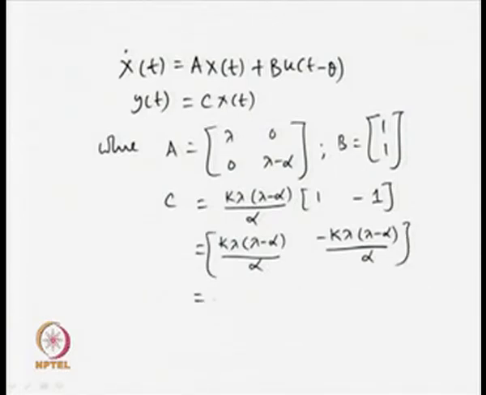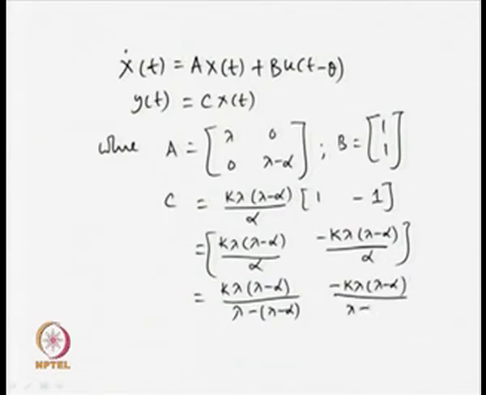Again, this can be written as k lambda minus alpha by lambda minus alpha in the denominator, minus k lambda minus alpha by lambda minus alpha. So, why are we doing so? We are trying to get the state equation represented in the original form. What is that original form?